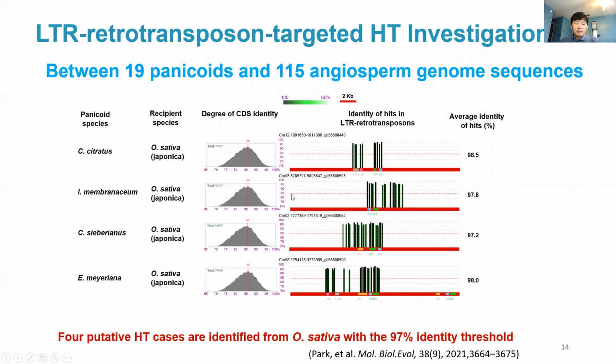The horizontal dotted red line indicates the 97% identity threshold used in the horizontal transfer determination. Considering the 86% species distance, the 97% identity threshold was high enough to identify the horizontal transfer.